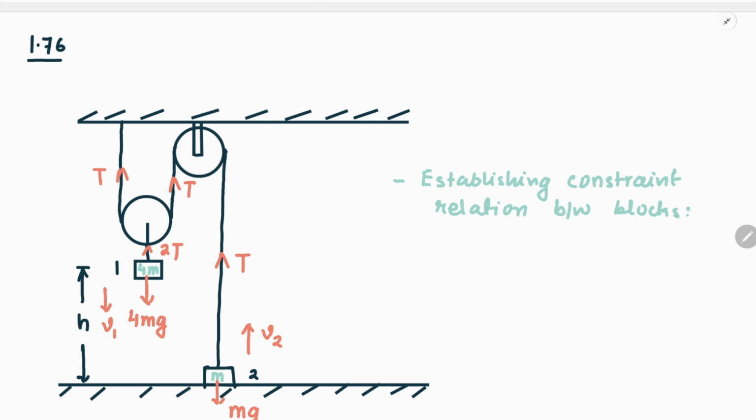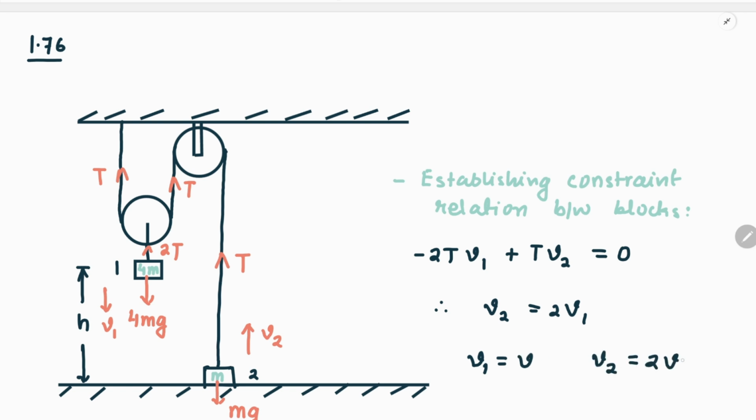Over here we can directly write the expression 2T v1 plus T v2 is equal to 0, and therefore we can write that v2 is equal to twice v1, by means of which we can say that if this block moves with a velocity v1, then v2 is equal to twice v1. So if we take v1 as v, then v2 is equal to 2v.